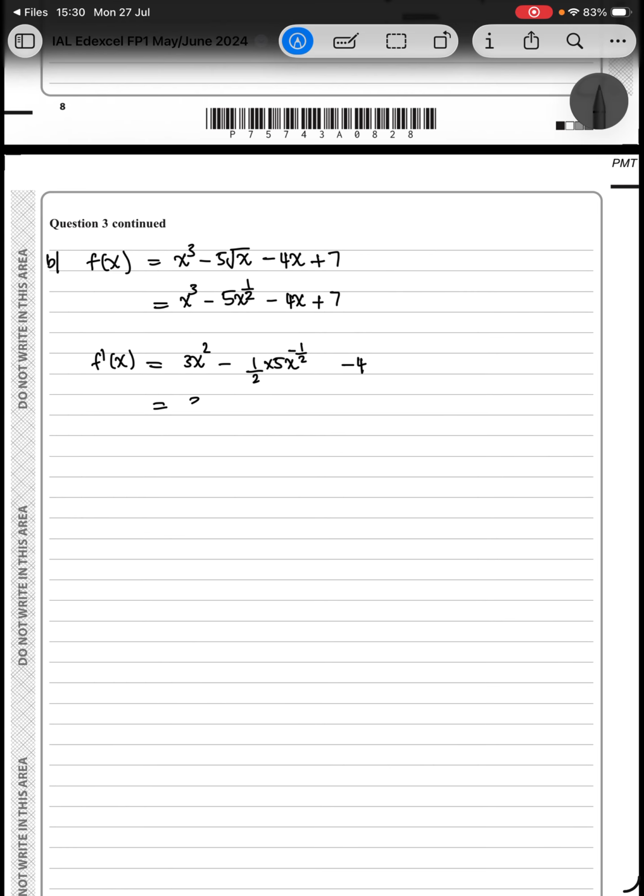Let's simplify this. 3x squared minus 5 over 2 into x to the power minus half, minus 4. Now we can leave this as it is, or we can also take the x to the power minus half to the denominator and write that as minus 5 over 2 square root of x.